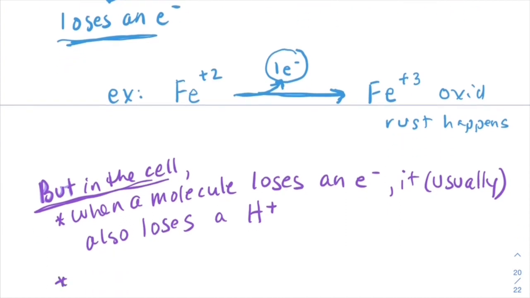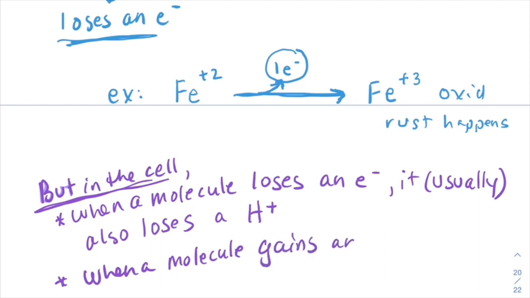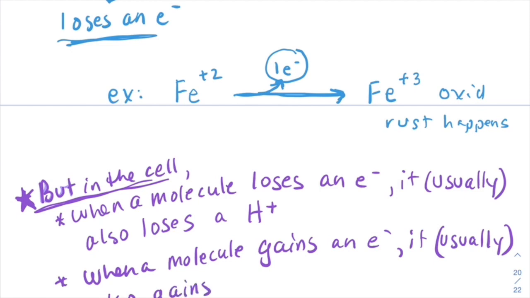And, well, the reverse of that, when a molecule gains an electron, and again, this is in the cell, when a molecule in the cell gains an electron, it usually, and I'll put that in parentheses because I can think of one example where it doesn't happen, but it usually also gains a proton.